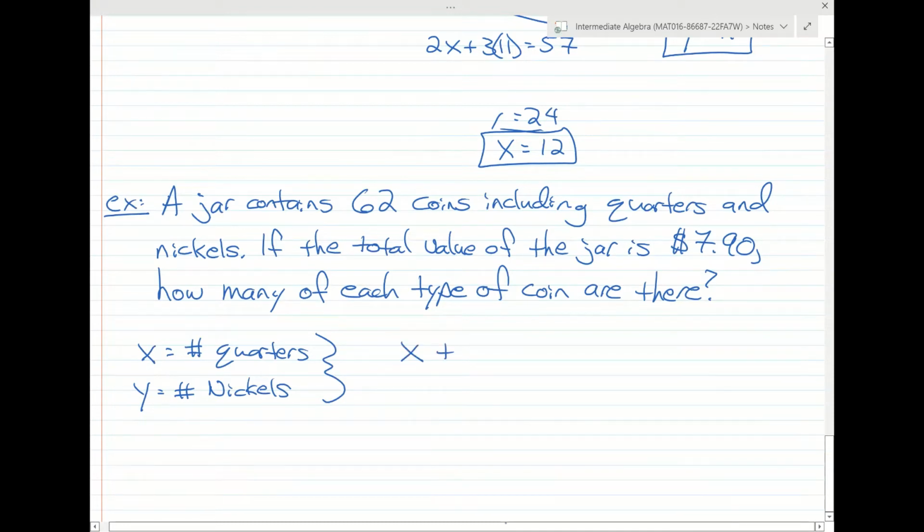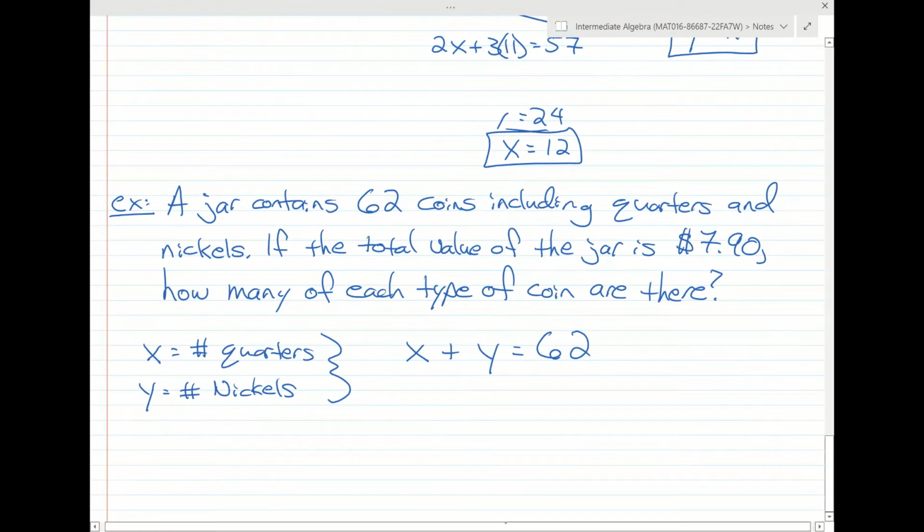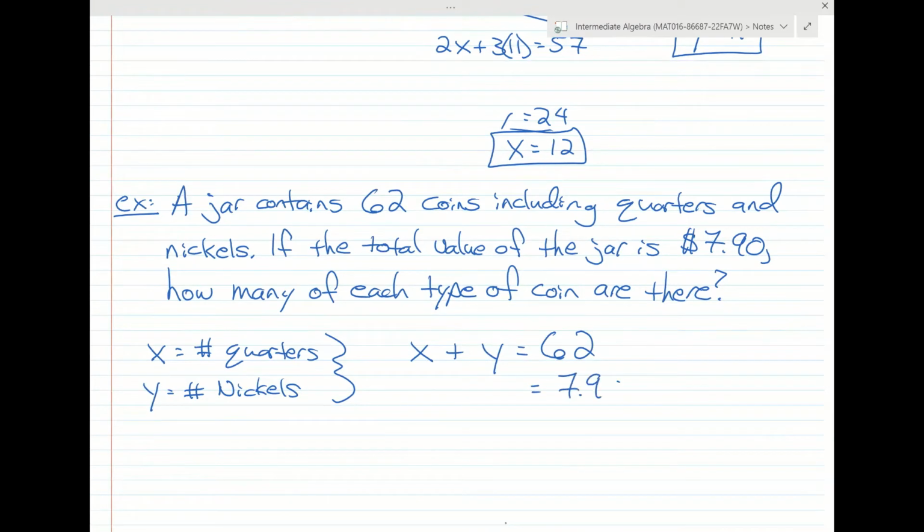So if we add up the number of each type, we get 62 total. And the value of the jar is $7.90. So the way you get $7.90 is you take the number of quarters and you multiply it by how much they're worth. And you take the nickels and you multiply by how much they're worth. And that gives you the total value.